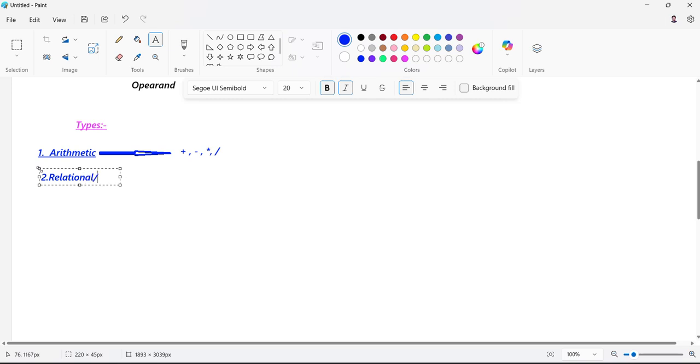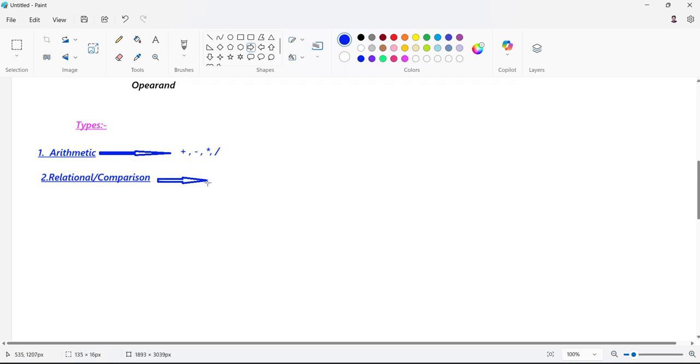Relational or comparison operator. What do you mean by relational or comparison operator? Relation between two operands or comparison between two operands.